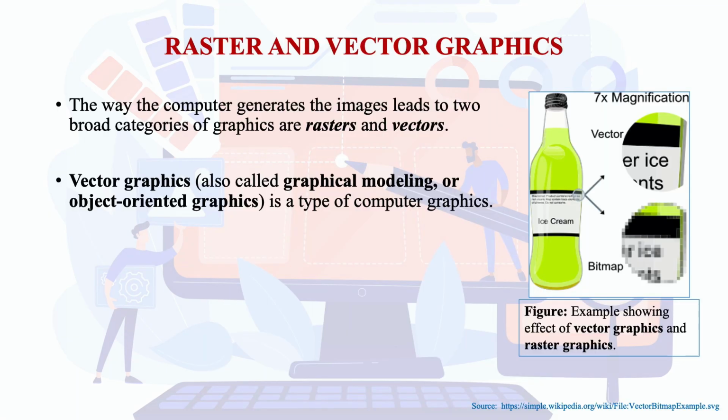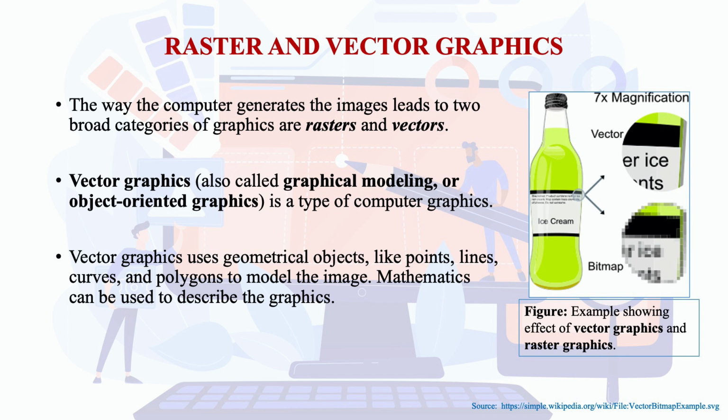Now I will highlight raster and vector graphics for quick understanding. Vector graphics, also called geometric modeling or object oriented graphics, is a type of computer graphics. Vector graphics uses geometrical objects like points, lines, curves and polygons to model the image. Mathematics can be used to describe the graphics.